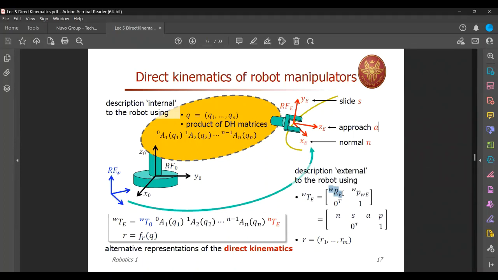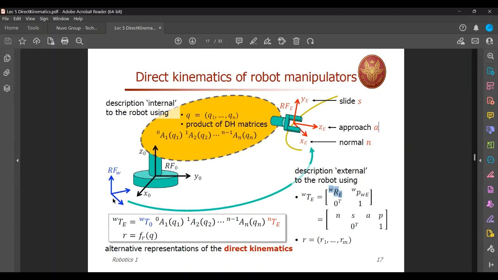But what it really means is that you get the relative frame or moving frame's unit vectors along the x-axis, y-axis, and z-axis, and you write them with respect to the coordinate frames of the reference frame.